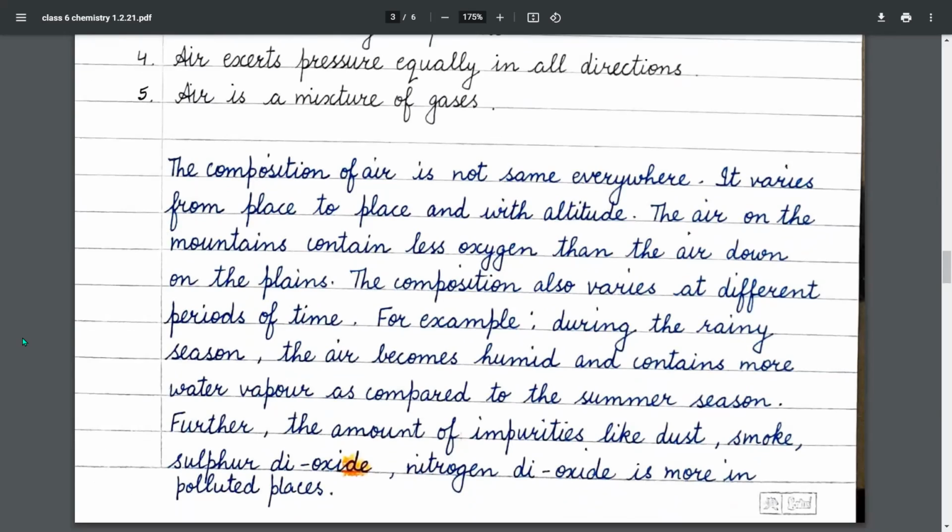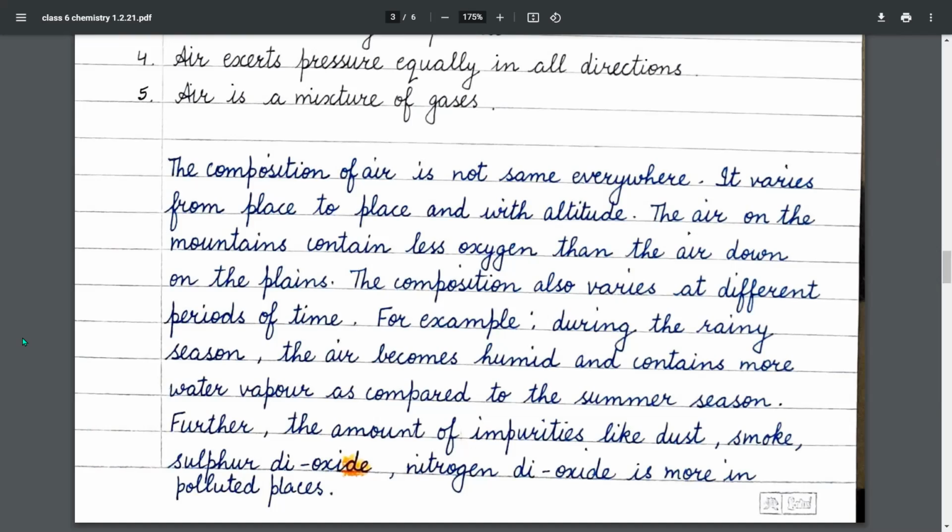The composition of air is not the same everywhere. It varies from place to place and with altitude. The air on the mountains contains less oxygen than the air down on the plains. The composition also varies at different periods of time.